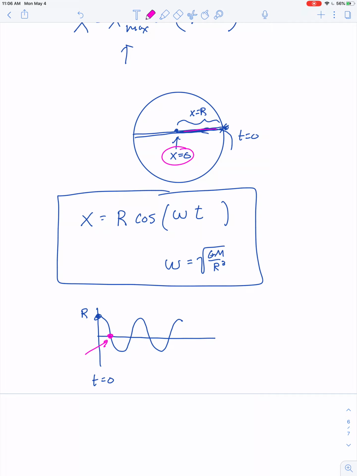And then half a cycle into their motion, they're over on the opposite side, where x would be equal to negative r, and that's this data point. 3/4 of a cycle, they're back at the center of the Earth. There's that data point. And finally, after one cycle, they return to the position where they jumped in, and then from there on, it would just continue to repeat with the same period of oscillation.